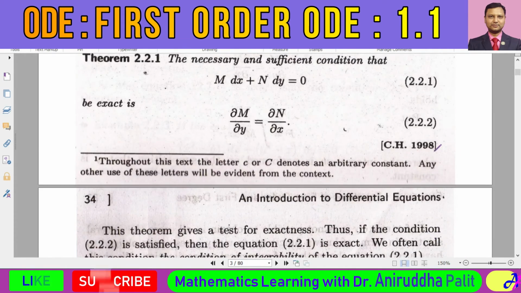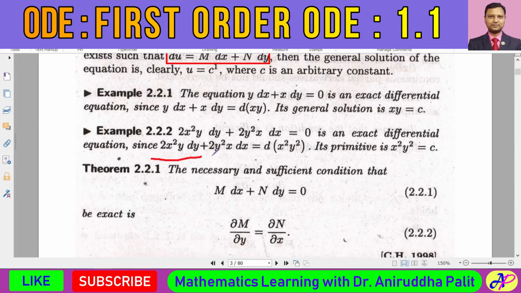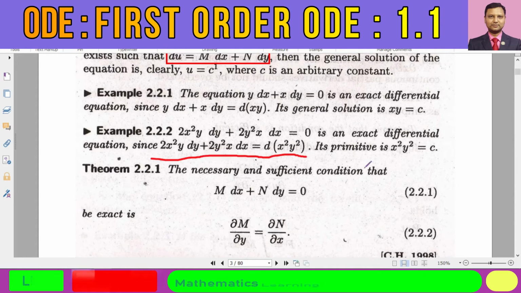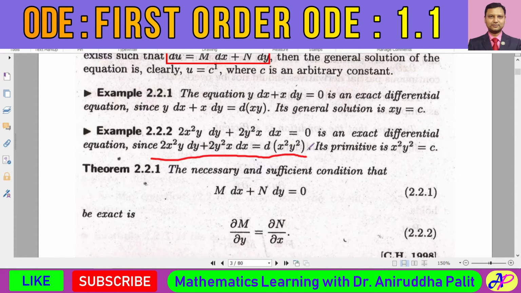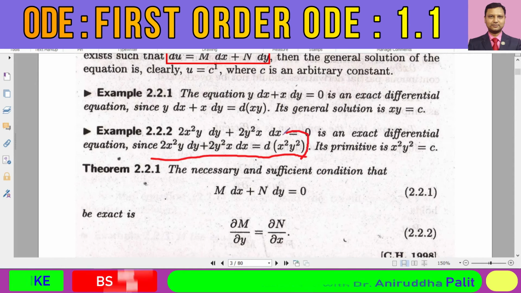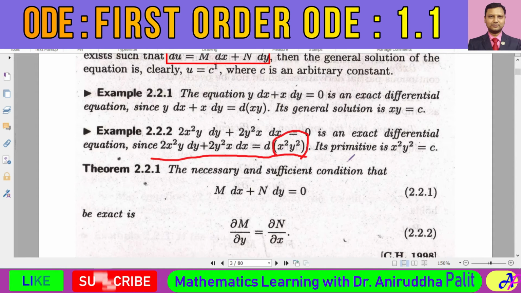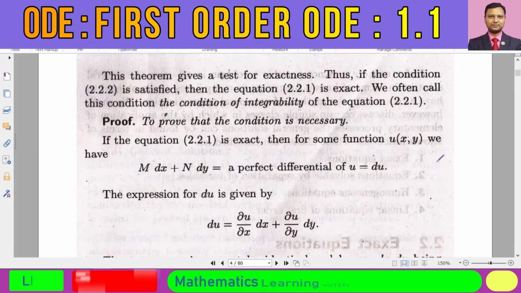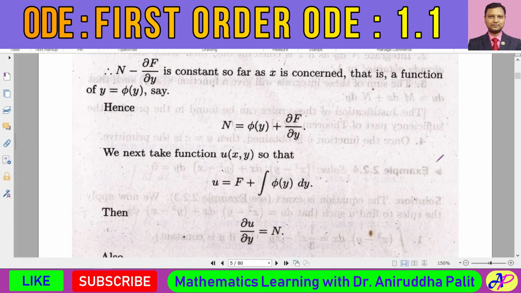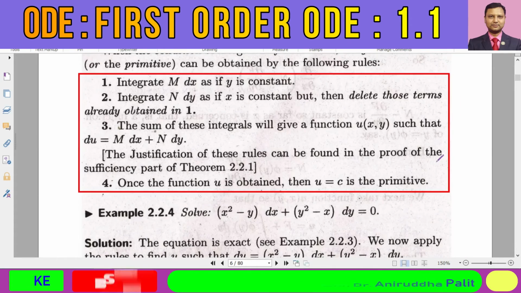Look at this previous example. In this previous example, it was easy to identify the expression of u. So if it is not easy at all for you, in that case, my advice would be to please go through these 4 steps.